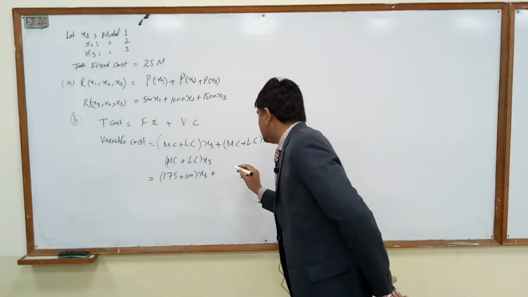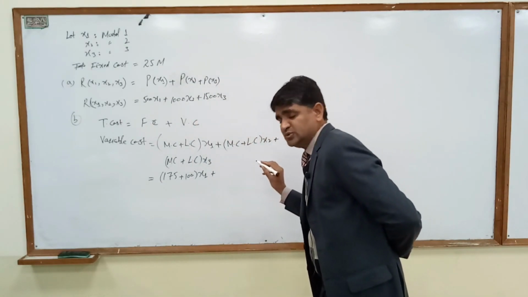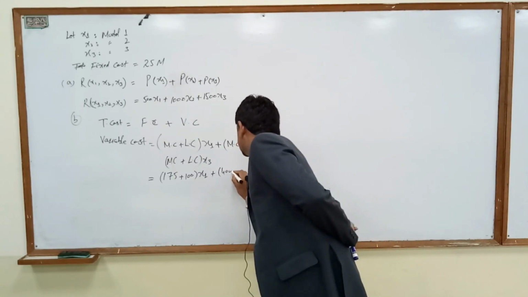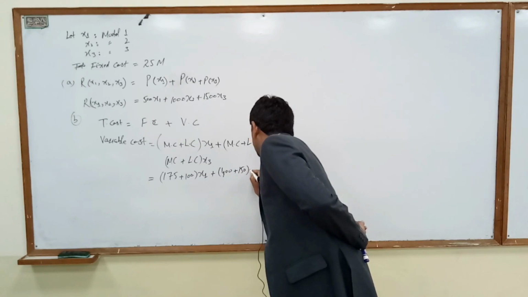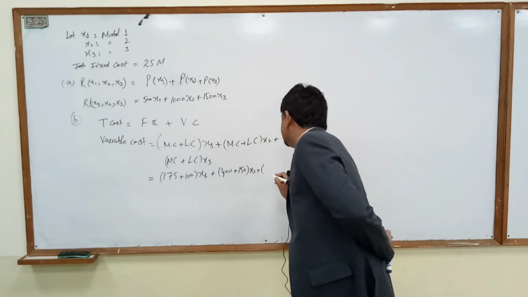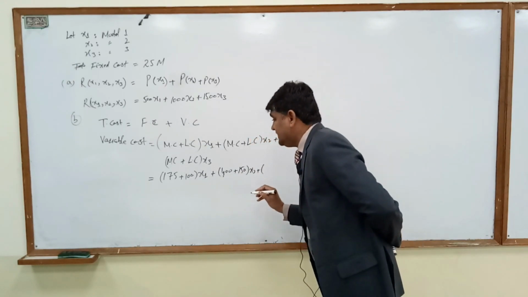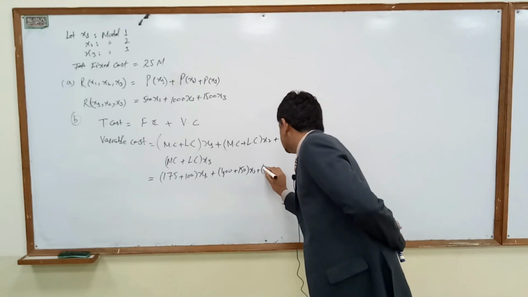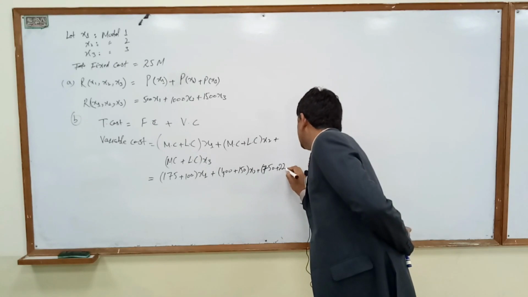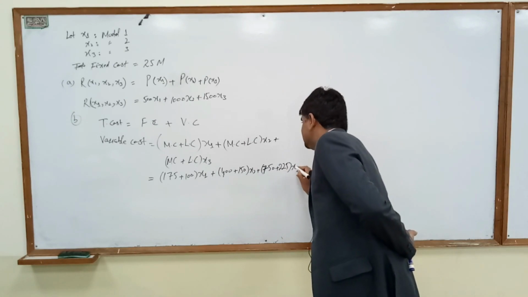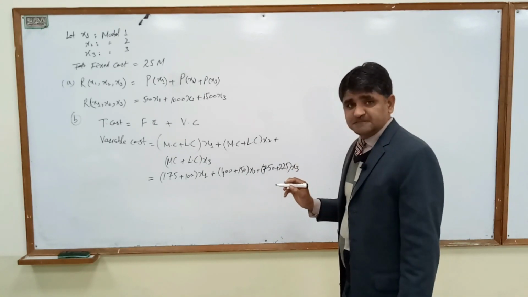What is material cost of model 2? 400. And labor cost? 150, 150 into X2, plus material cost of model 3? 750, plus 225 into X3. Got the point? Yes, sir.